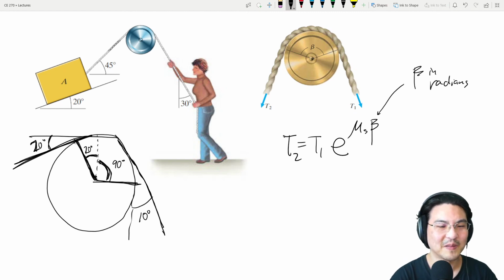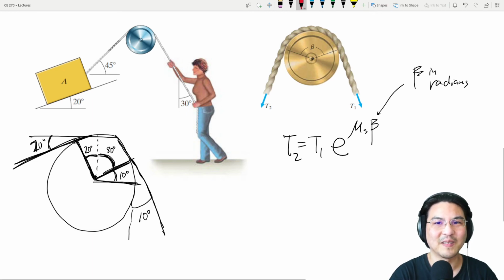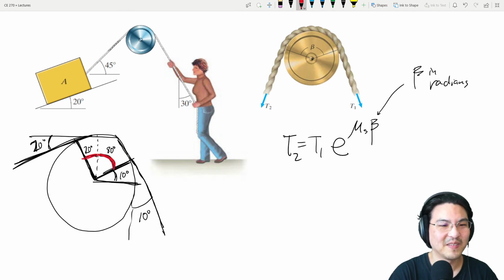What's that going to do? Perpendicular to that is like this. So this here would be 10 degrees, which means this over here is the leftovers, 90 minus 10, 80. So then the angle beta for this particular example would be right here, 100 degrees.